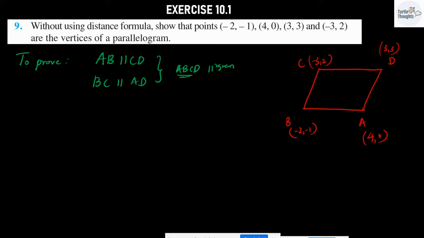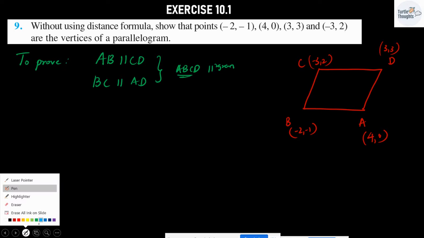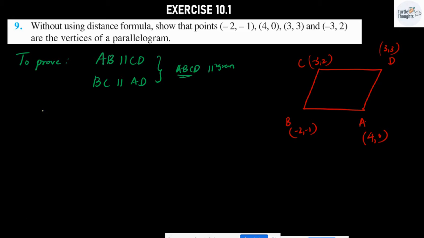Okay. So let me consider the slope of AB first. So I will be writing here slope of AB. What is going to be the slope of AB? Slope of AB, can I write it as this one and this one, right?